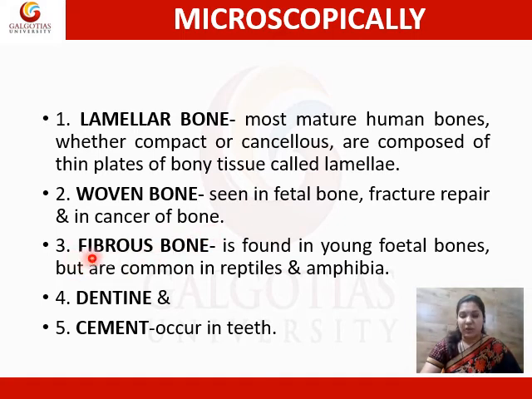Third is fibrous bone. The fibrous bone is found in young fetal bone and is common in reptiles and amphibians. The fourth and fifth, the dentine and the cement, these types of bone are found in the teeth. So these are microscopic bones, having a small size, and the macroscopic bones have a larger size than the microscopic bones.